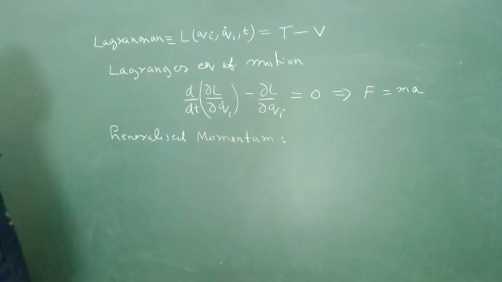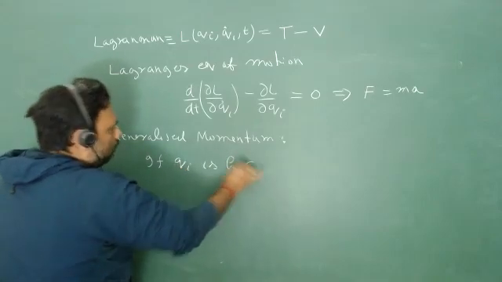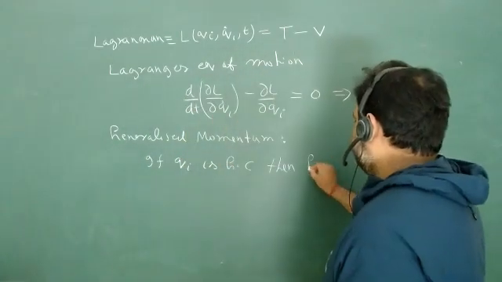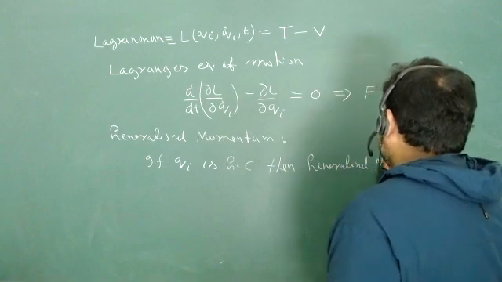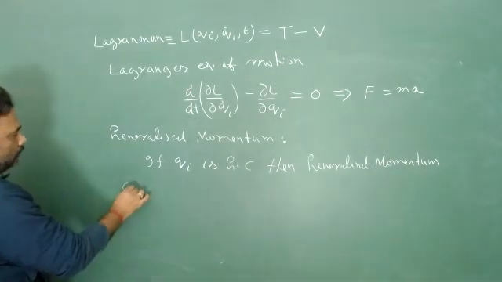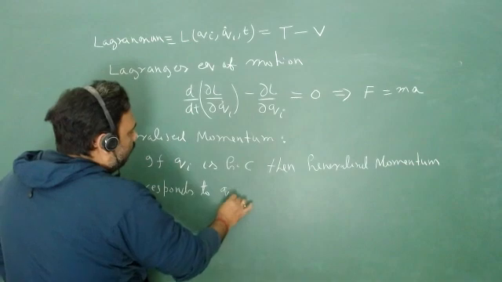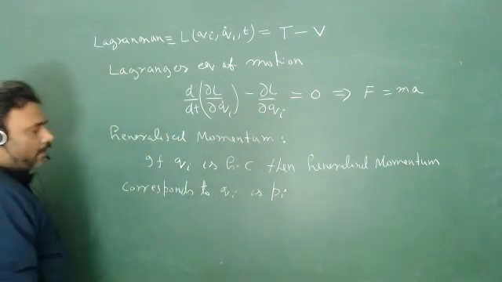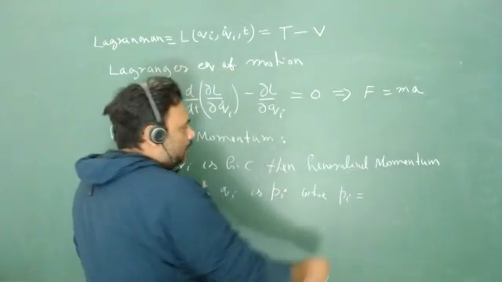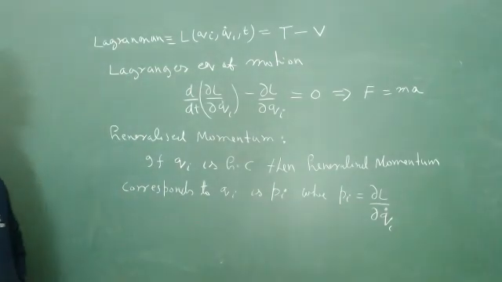If qi is a generalized coordinate, then the generalized momentum that corresponds to qi is pi, where pi is defined as del L upon del qi dot.